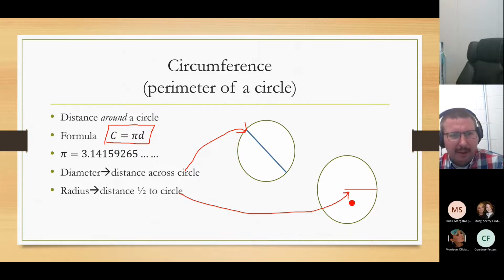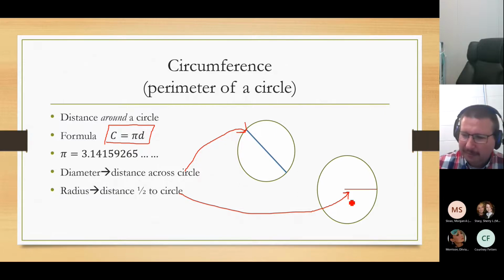Think, what's the big deal about that? Because your formula says pi times diameter. If they give you diameter, you just plug in your answer, hit pi, and there's your answer. Or it could give you the radius. If they give you the radius, you have to double it, times it by 2, and then times it by pi.